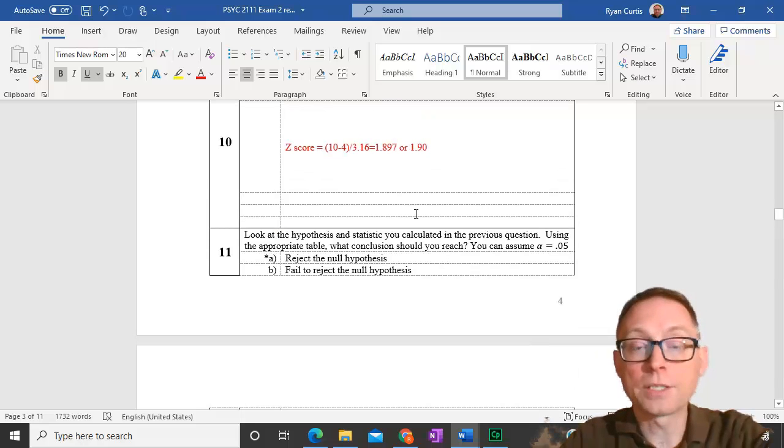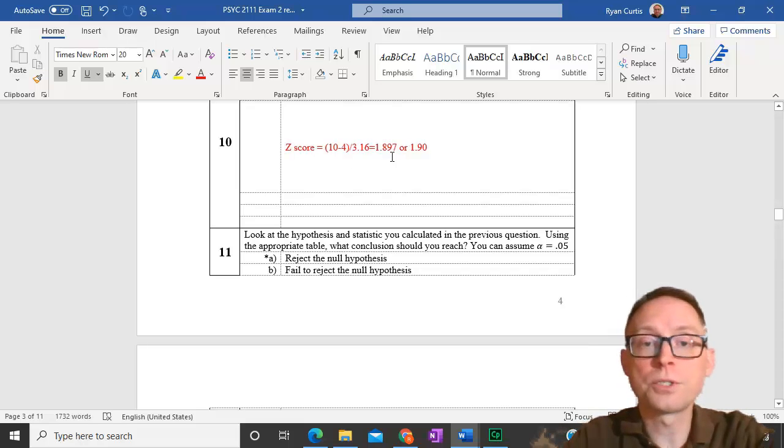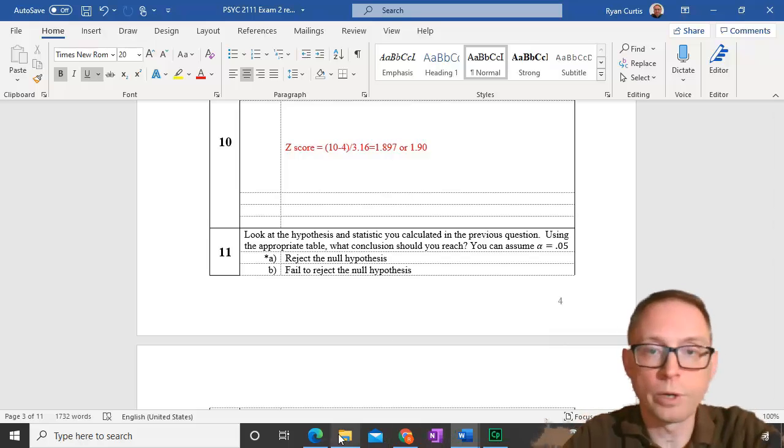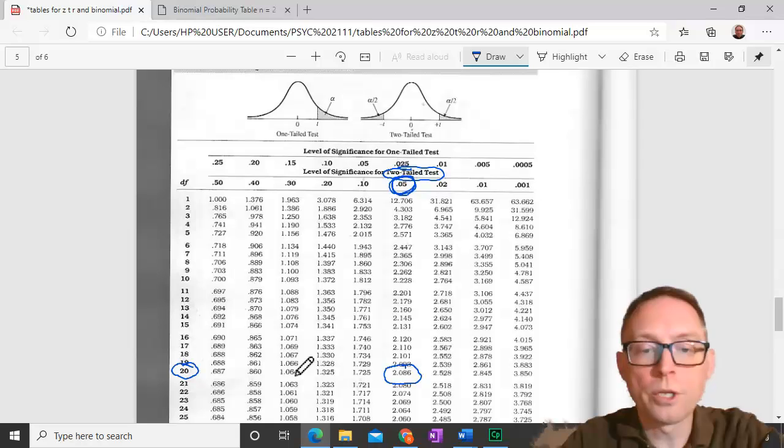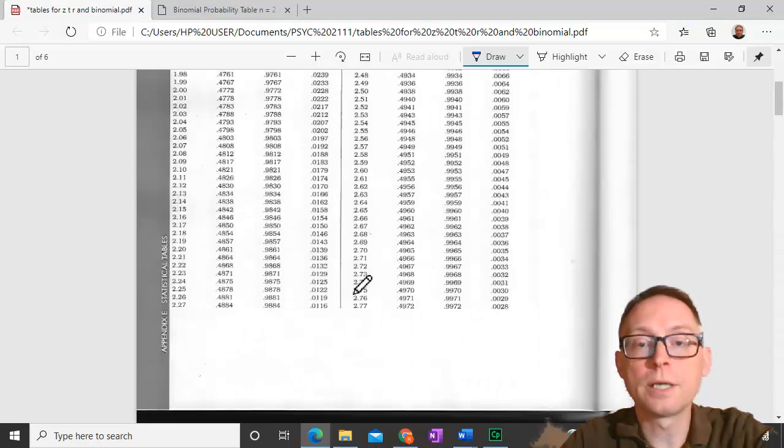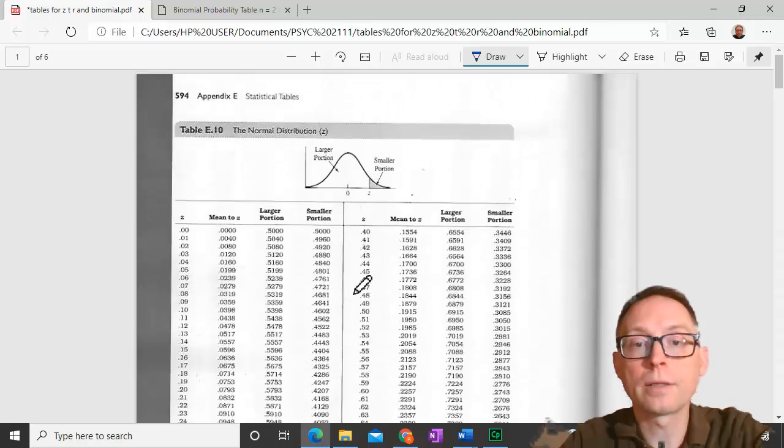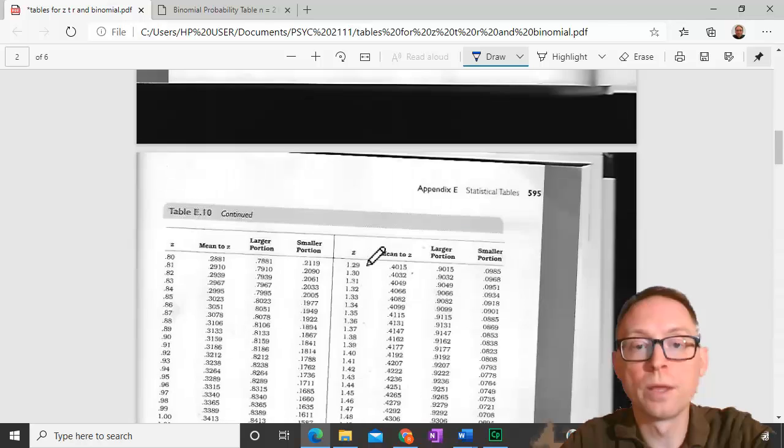So what we're looking for is the p-value associated with a z-score of 1.897, or 1.90. So what we do is we look on the table, not the t table this time. Now we're going to look at the z table. In this first table, the normal distribution, we need to find the z of 1.90.